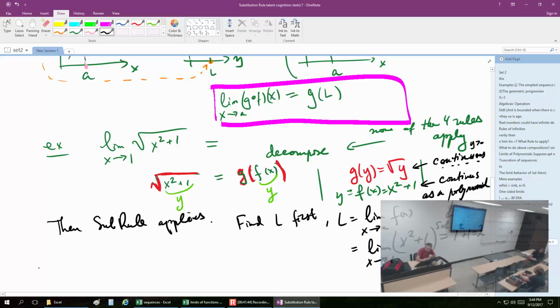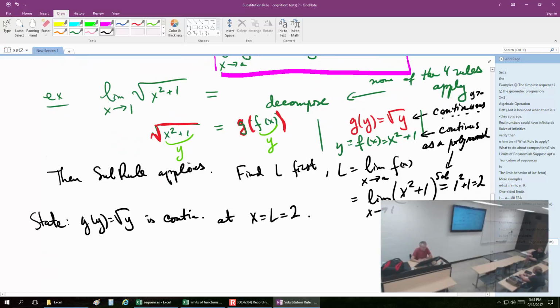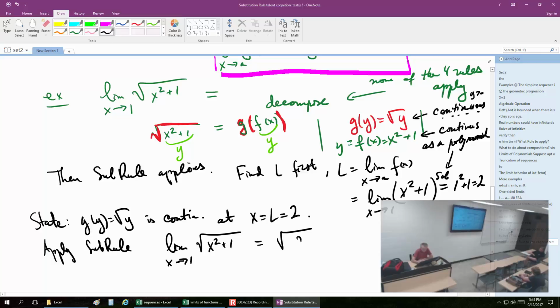So we just state, without proof for now, that g of y equal to square root of y is continuous at L, which is 2. Once we plot that function, it certainly will be believable. And then we apply the substitution rule, and the limit of the whole thing becomes simply the square root of 2.